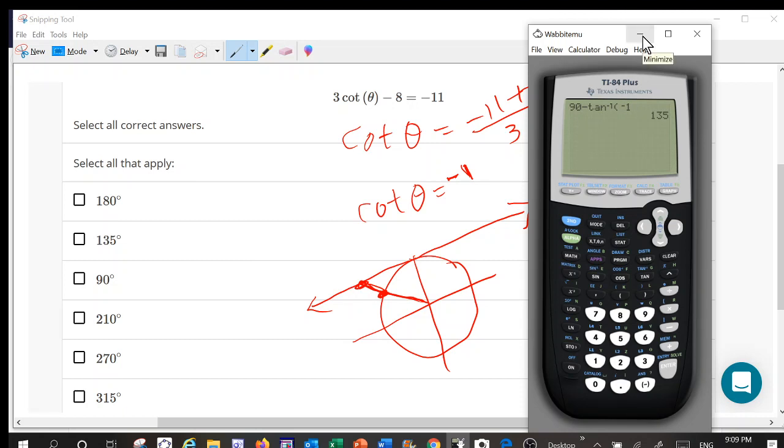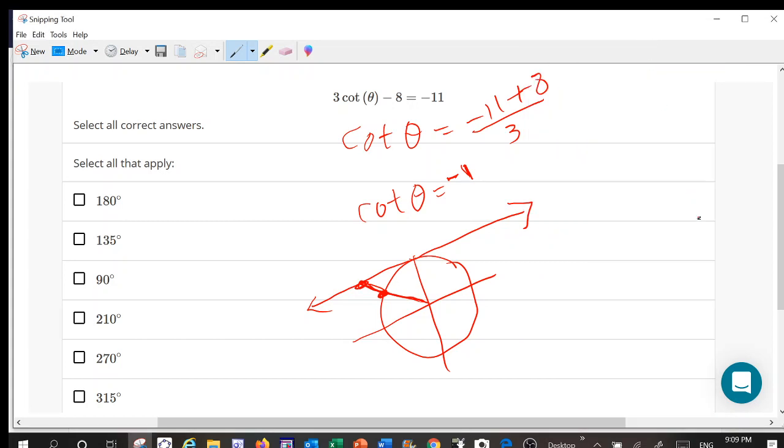That's 135. So this angle is 135. Was it 135 in radian? Well, we don't want it in radian, we want it in degree. So got the answer.